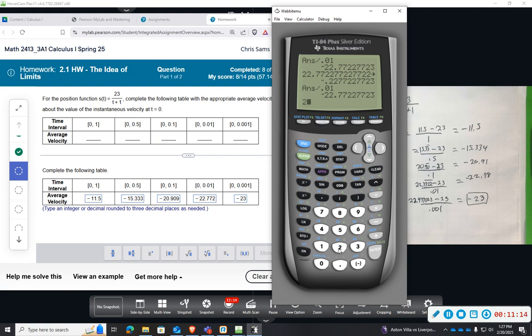22.977023. We're going to subtract 23, and we're going to divide by 0.001, and that gives us 22.977.